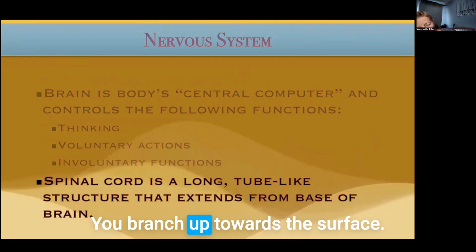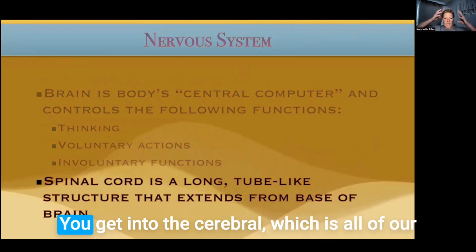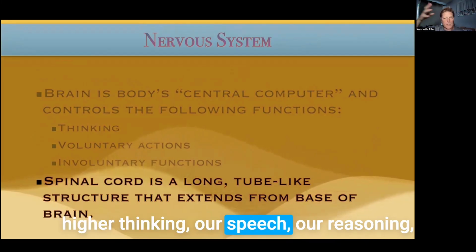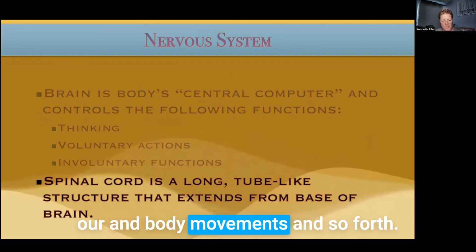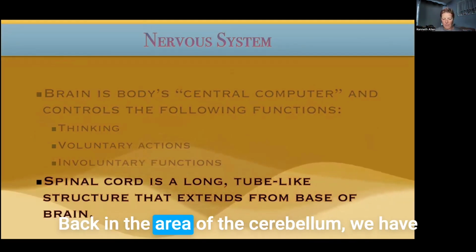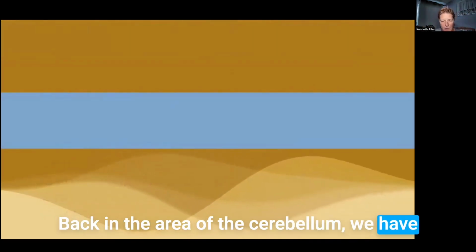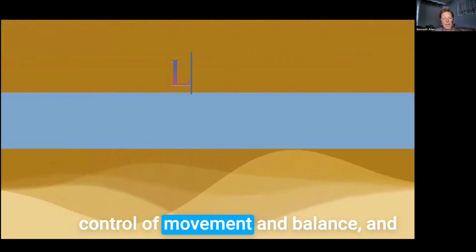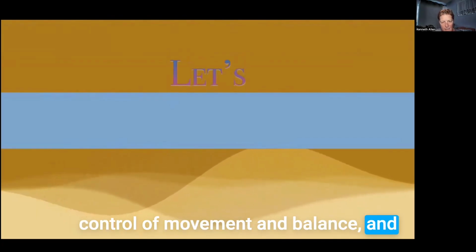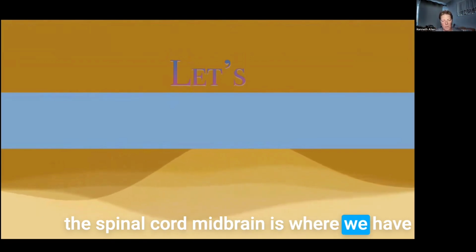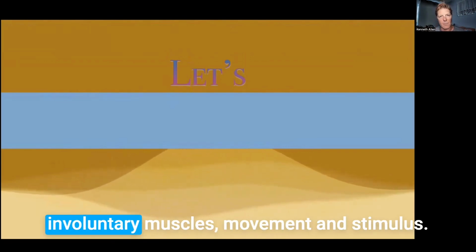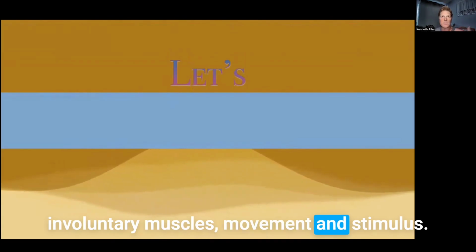You branch up towards the surface, you get into the cerebrum, which is all of our higher thinking, our speech, our reasoning, and body movements and so forth. Back in the area of the cerebellum, we have control of movement and balance. And the spinal cord, midbrain, is where we have involuntary muscles, movement, and stimulus.